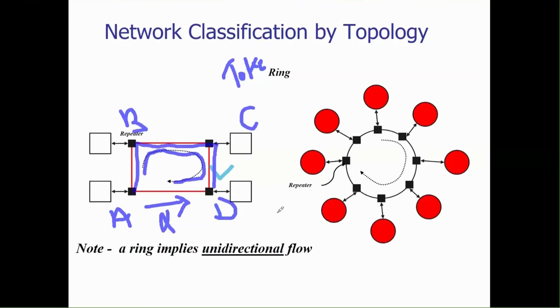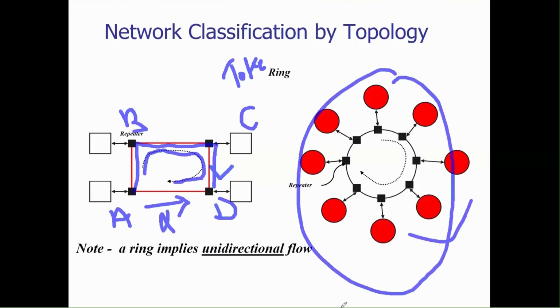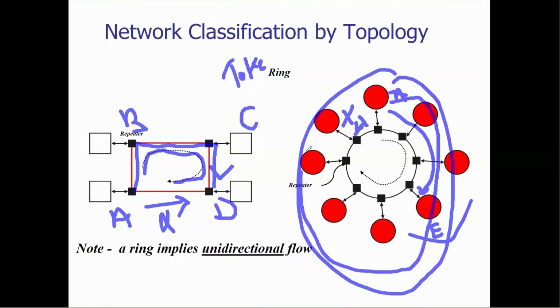So a ring topology, as you could see, they are in a ring. It looks like a ring. And if anyone wants to send, suppose this is A, wants to send to E, it goes like this. You see? If A wants to send to X, it cannot go like this. No. It has to go all the way like this. Okay?